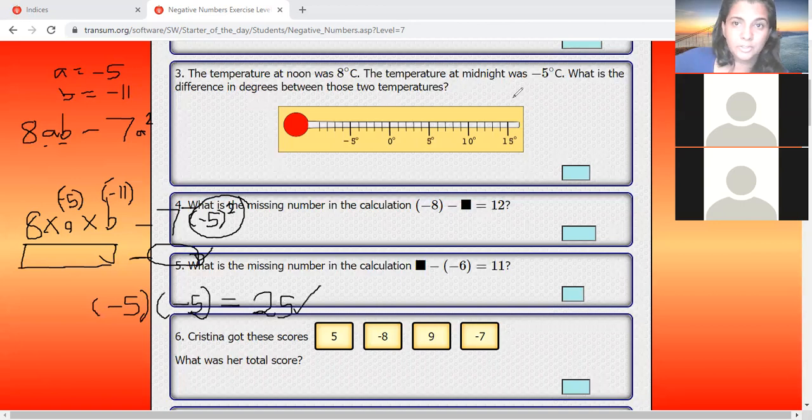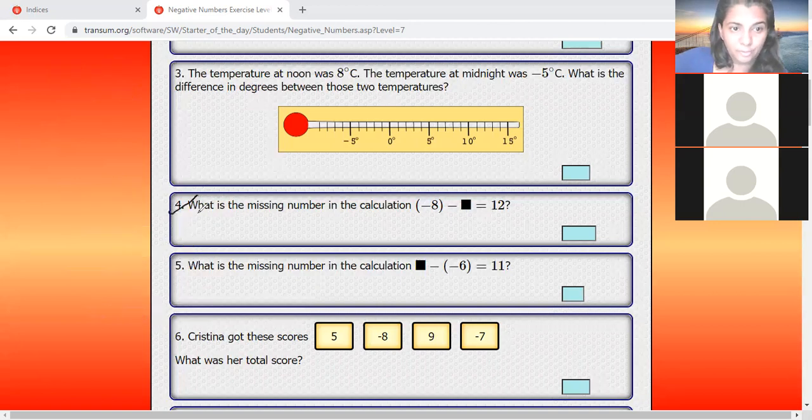Okay, good. So over here, we have done number 4. Find the missing number in the calculation again. A minus negative 6 is equal to 11. I don't want this negative 6 here. So sometimes if you really don't understand, you make guesses. You just put a number.